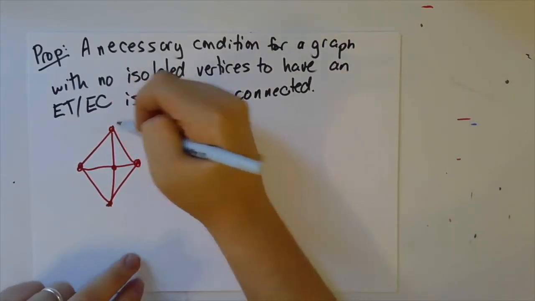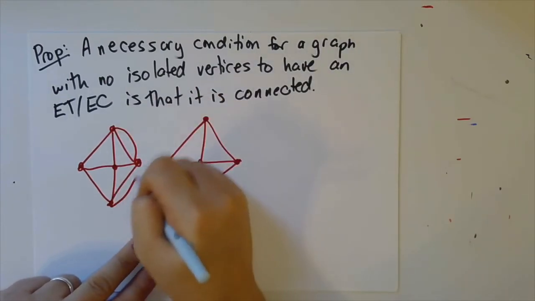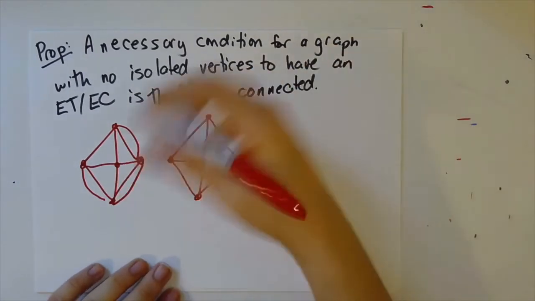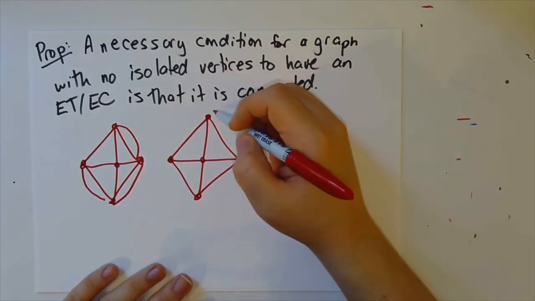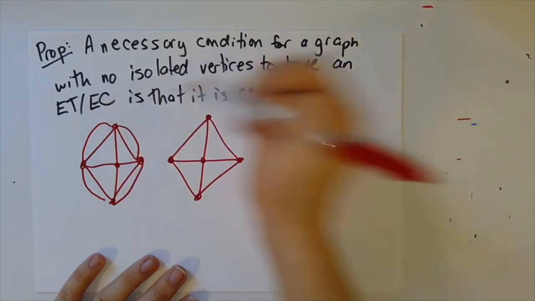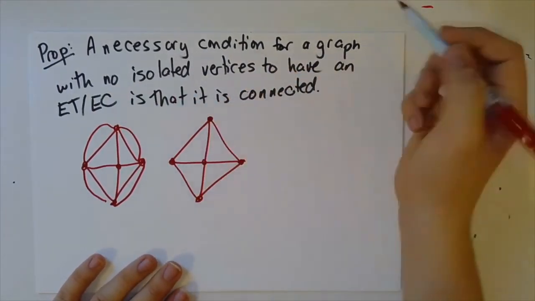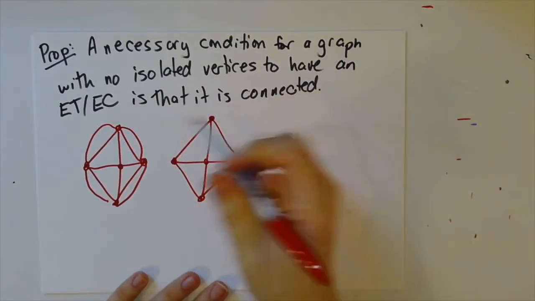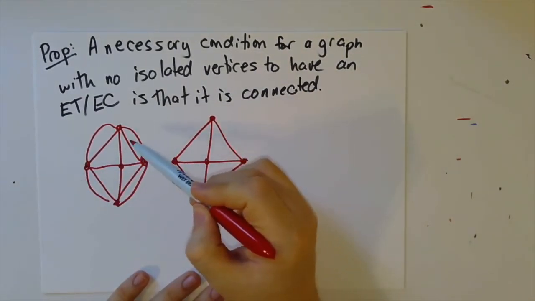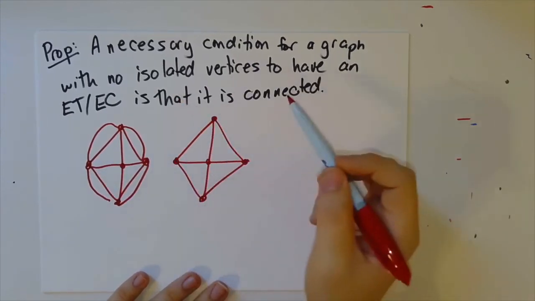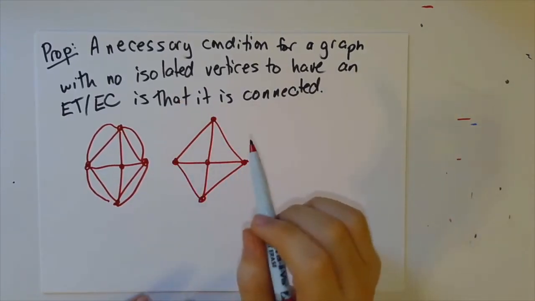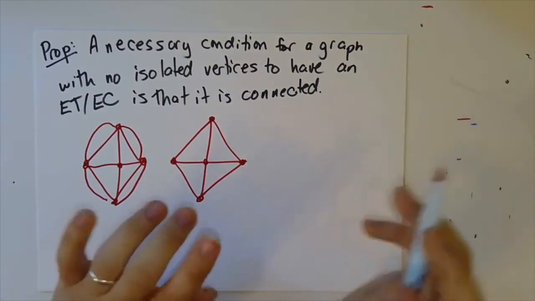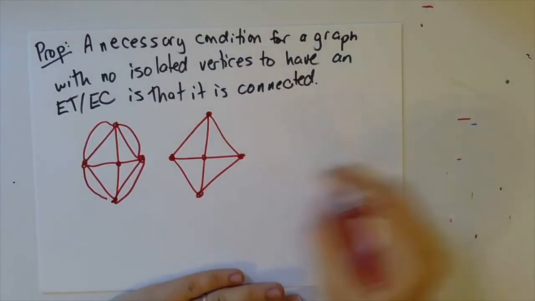And even if I go ahead and fix this so that all of the vertices have even degree, which I realize I did not, it's not going to help me. But even if I somehow connect all of these things up so that they have even degree, it's not going to matter. There's no way I could possibly visit every vertex, because I just can't get from this piece to this piece. So this is really the more obvious necessary condition.